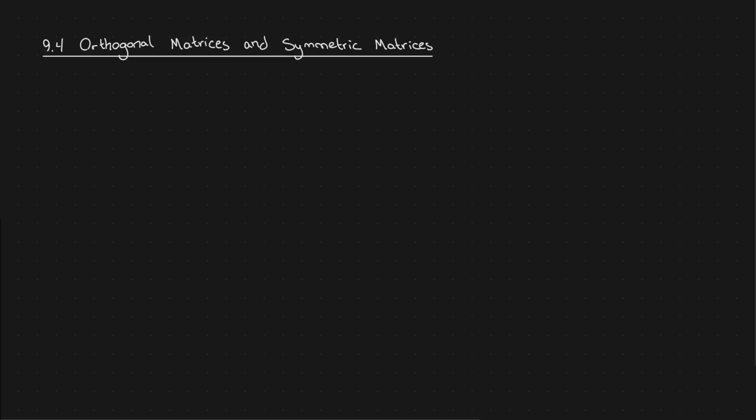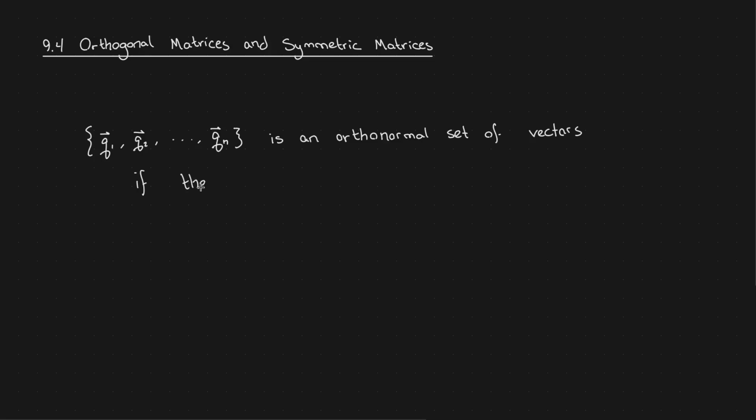Previously, we've seen that a set of orthonormal vectors has some very nice properties. Just as a reminder, if I have a set of vectors, say q1, q2, all the way to qn, this is an orthonormal set of vectors if different vectors are all orthogonal to each other.